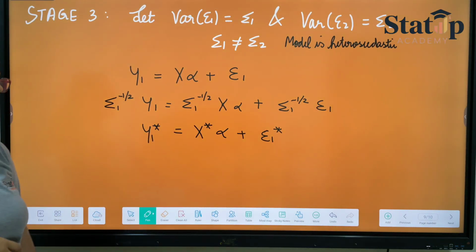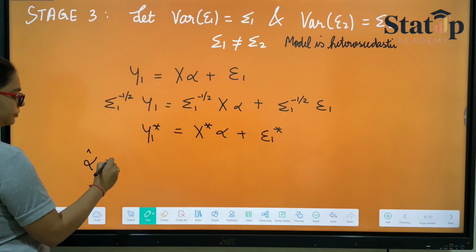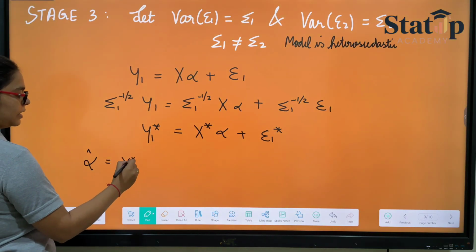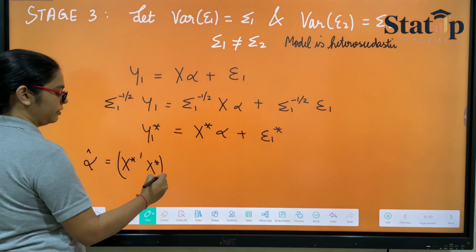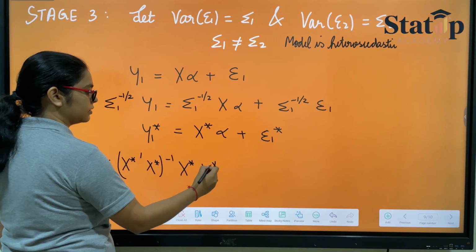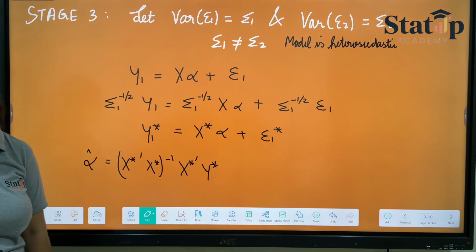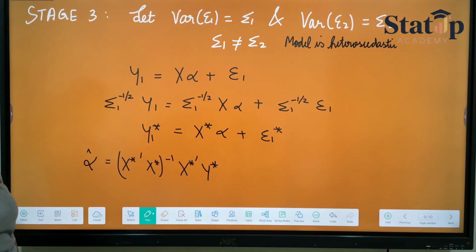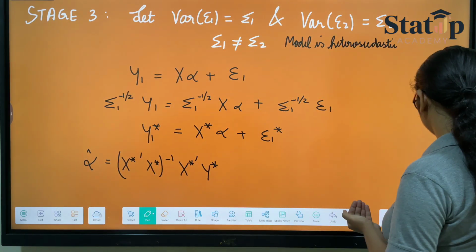Now the estimator alpha cap is given by (x star dash x star) inverse x star dash y star. This is the predicted value. Now we will substitute the values of x star and y star in this one.